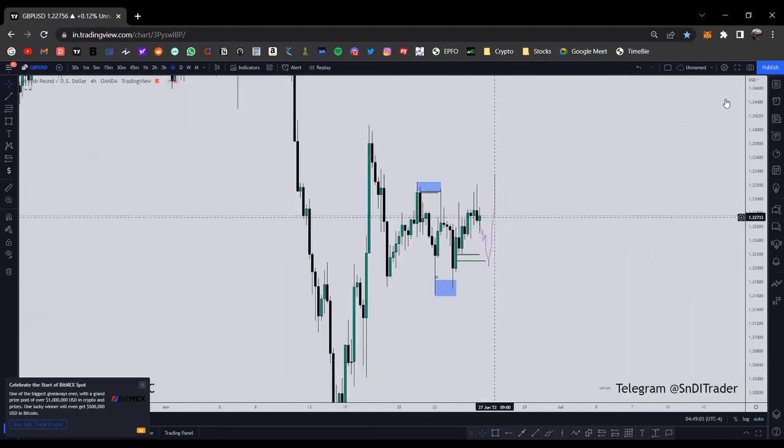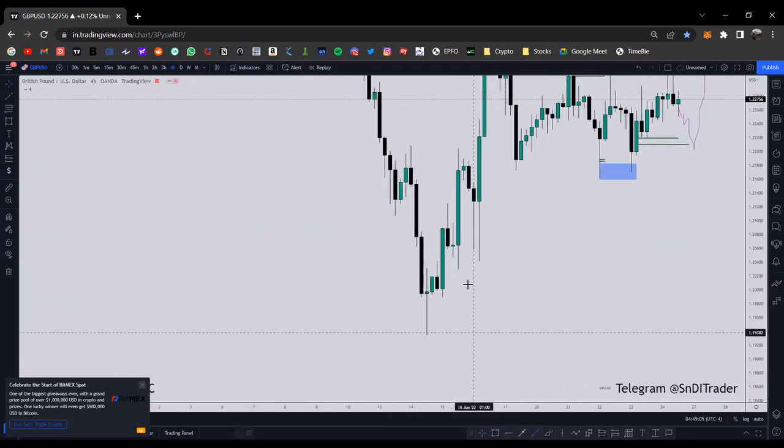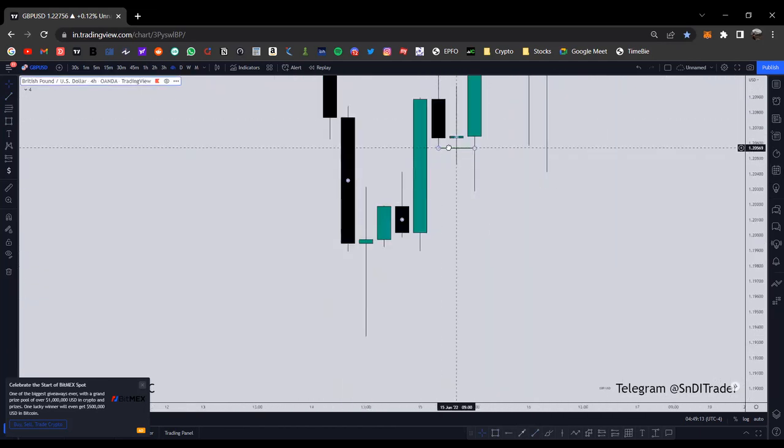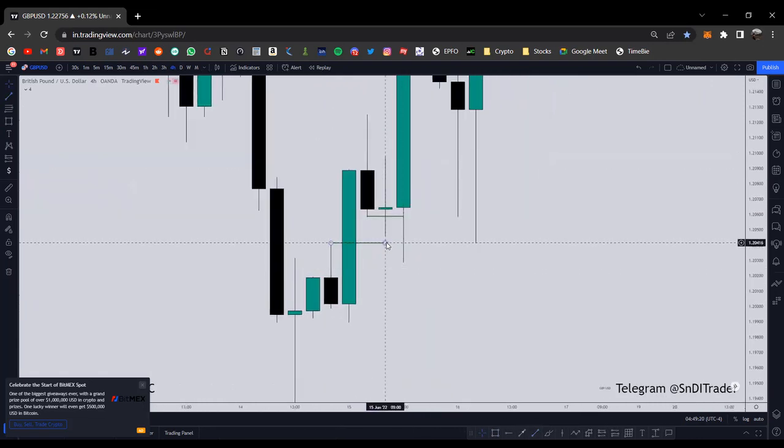So you see, we had a nice fair value gap from here to here. So what happened exactly? Price just came in this candle, didn't fill this fair value gap completely. So we had another fair value gap left in here.